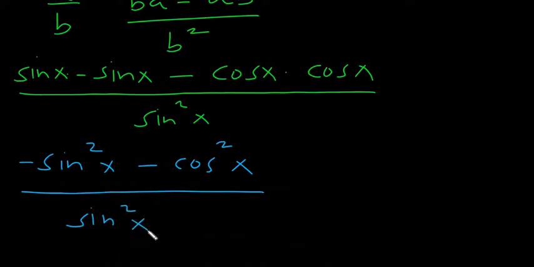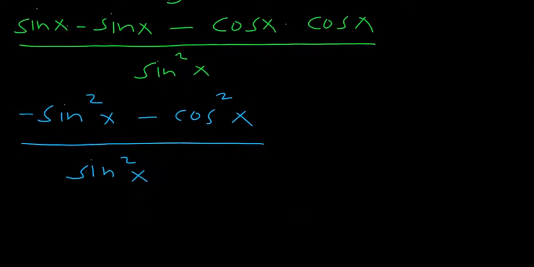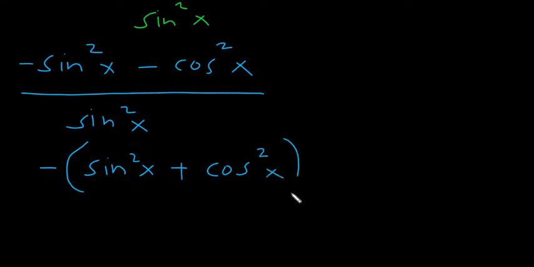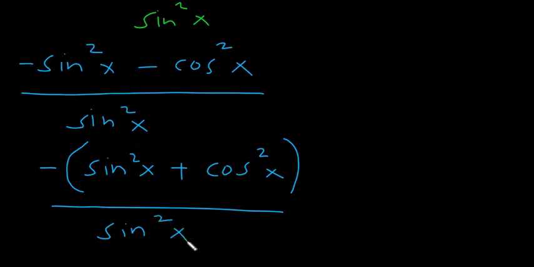Now if we factor out negative 1 from the numerator, we're going to have sine squared x plus cos squared x, and then divided by sine squared x.